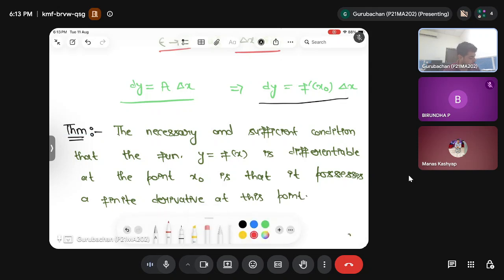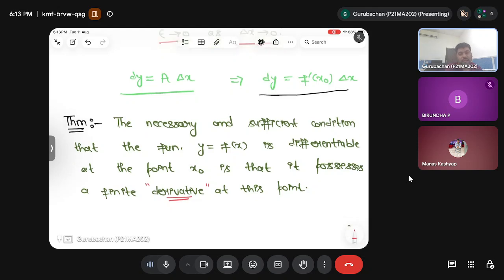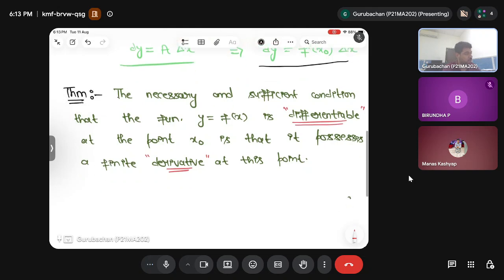So let me explain what this means. We discussed the derivative, left hand derivative, right hand derivative, and how this derivative and differentiability are related, that is this necessary and sufficient condition.